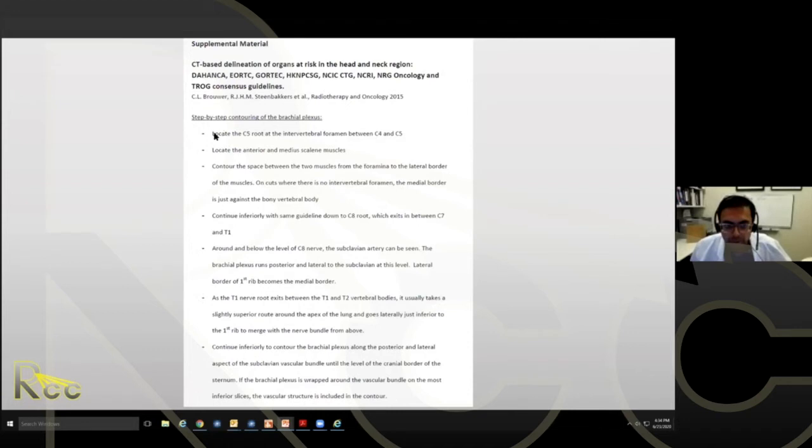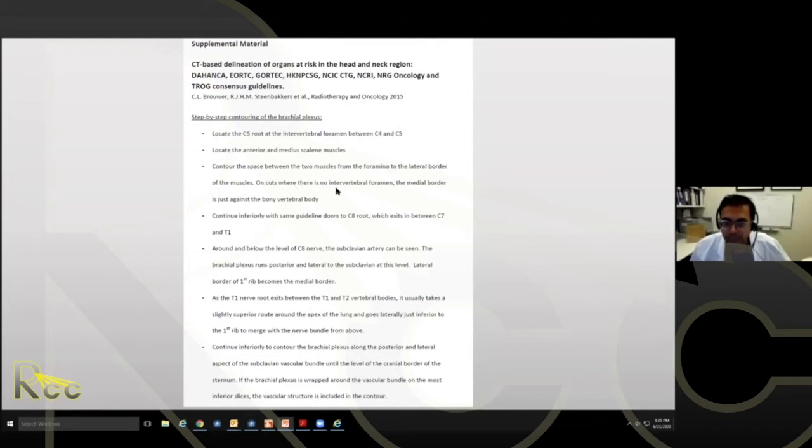If you're able to systematically locate the C5 root at the intervertebral foramen between C4 and C5, remember the cervical nerve roots exit superior of the cervical body, except for C8. You locate the anterior and medial scalene muscles. You contour the space between those muscles from the foramina to the lateral border of the muscles.